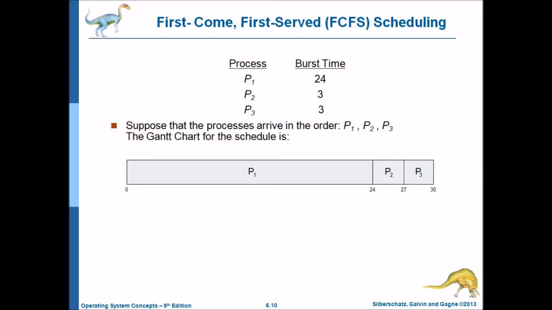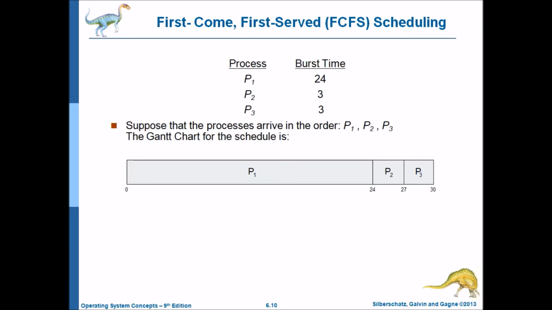So first come first serve scheduling. This is the first scheduling algorithm. This is by far the simplest scheduling algorithm. It is implemented as a first in first out queue, like customers falling in line at the bank.